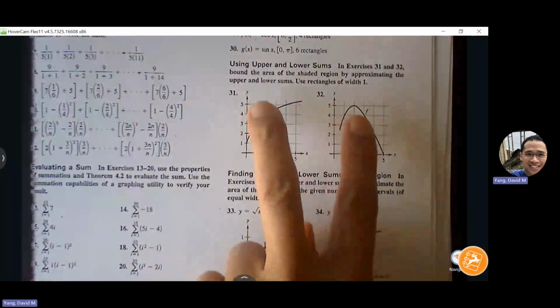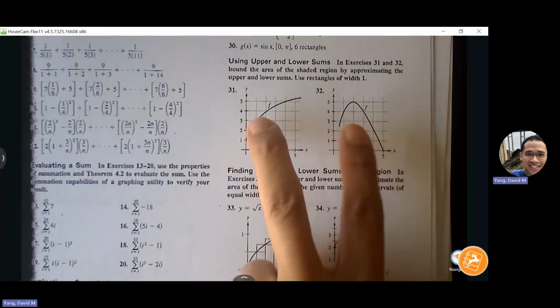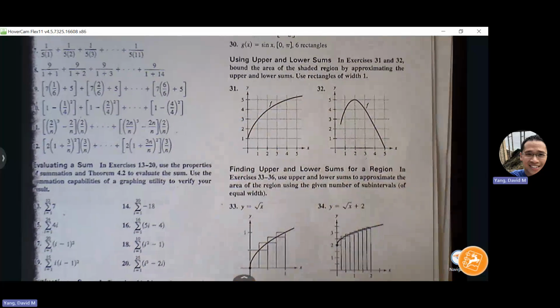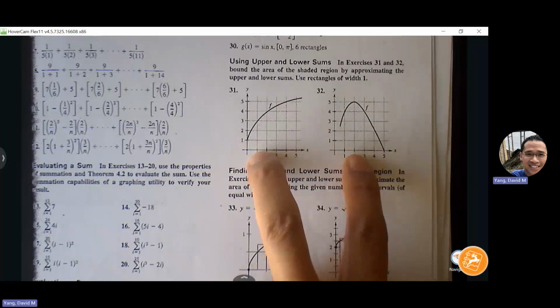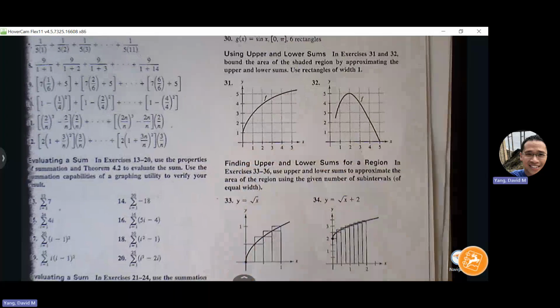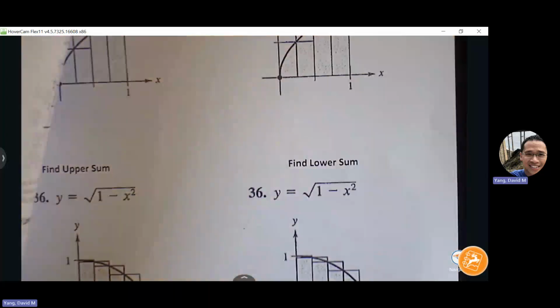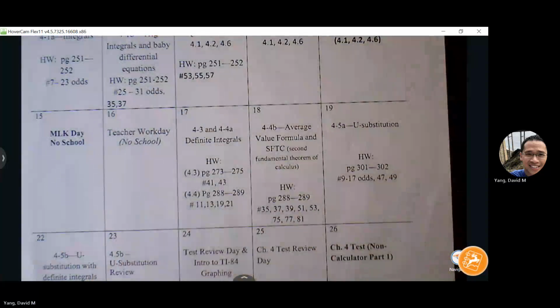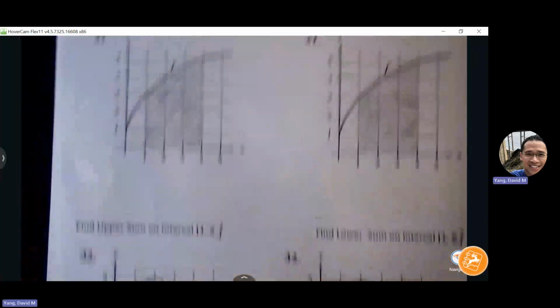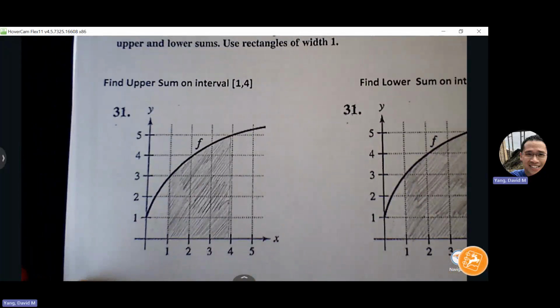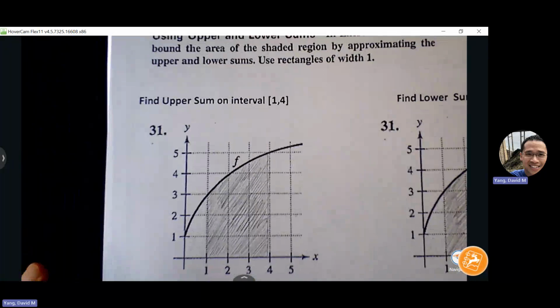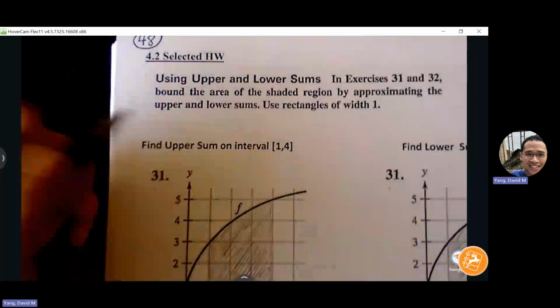Now, on 47, I wanted us to work on page 31, 32, but I realized that these are kind of small for us to see, and it's not very clear. So what I did was I took these problems and I copied them again, and I put them on page 48. That way we can work directly on this sheet of paper, and it just feels a little cleaner having everything in front of you like this. Okay, so it says find the upper and lower sums.